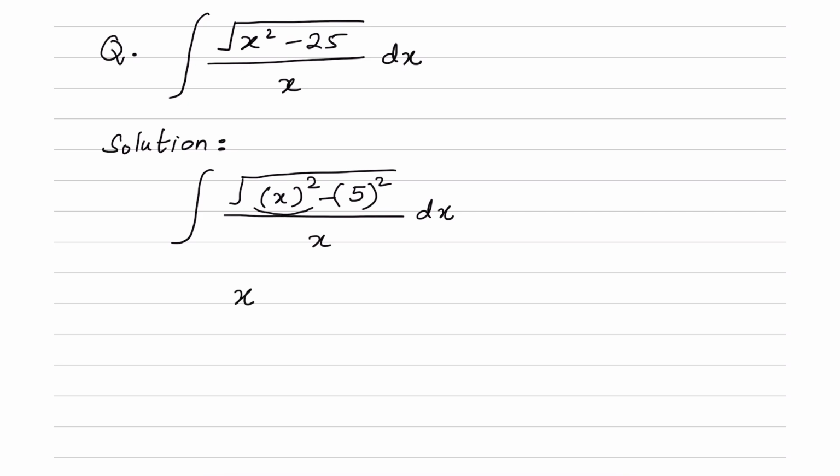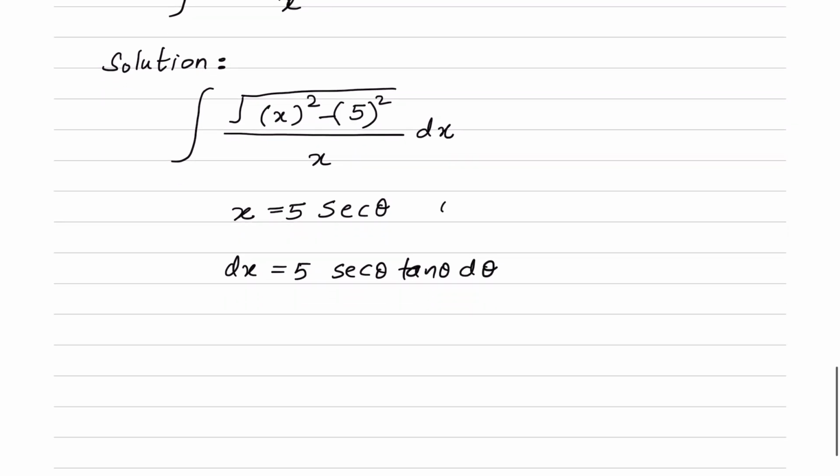Let's calculate the differential, which is dx equals 5 secant theta tan theta d theta. If this substitution is correct, this square root will be eliminated. We will see that. Let's put the values of x and dx back in our integral.